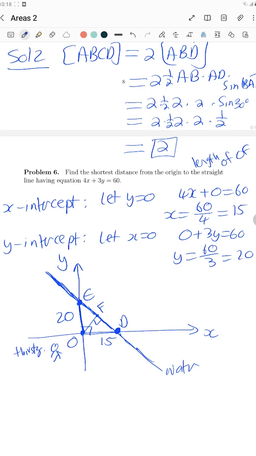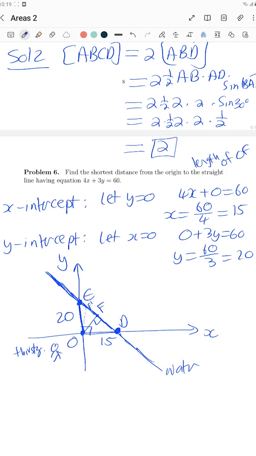You can clearly see if you pick any other point, let's call it F dash, that the distance from O to F dash is more than O to F, because in a right angle triangle the hypotenuse is the longest side. So it boils down to calculating the distance from O to F.